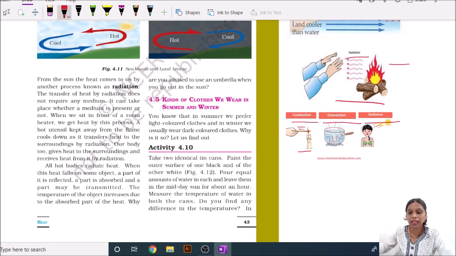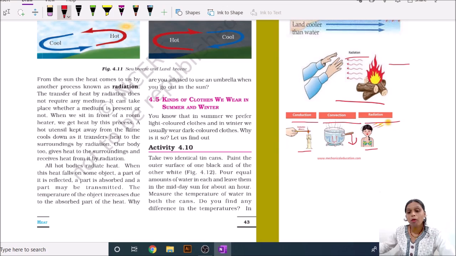What do the bubbles show? They show that the water in contact with the fire rises up, and the cold water comes and fills that place, and this process continues until all the water has boiled. And the third type of transmission of heat is called radiation.